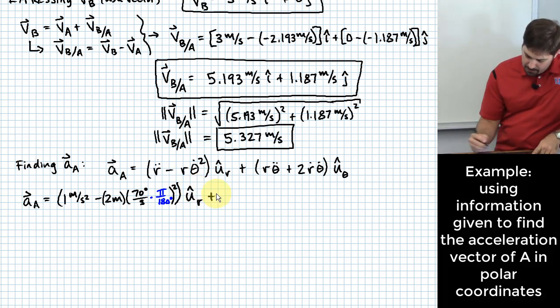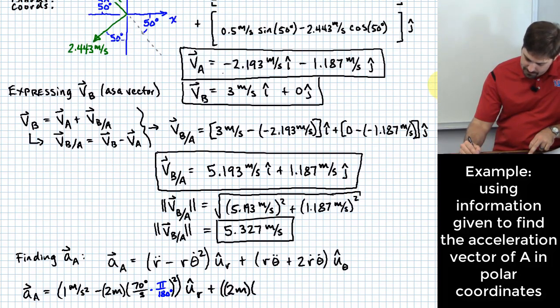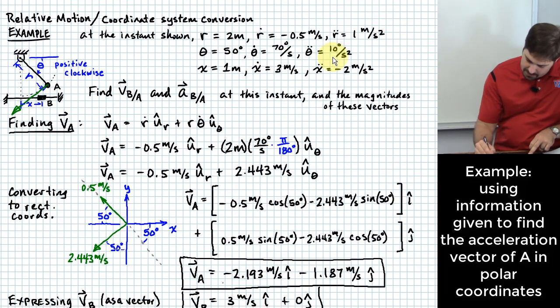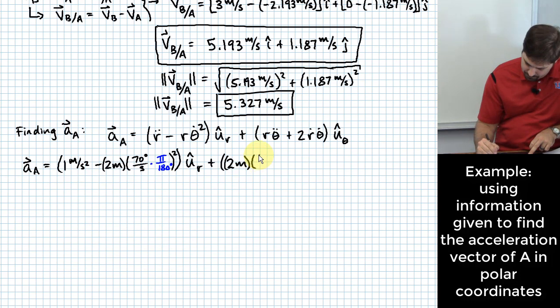Okay, for the next one, I think I just found that radius value was 2 meters, right? So I can use that again. 2 meters times theta double dot. So theta double dot was 10 degrees per second squared, and that is going to be multiplied by, again, pi over 180.